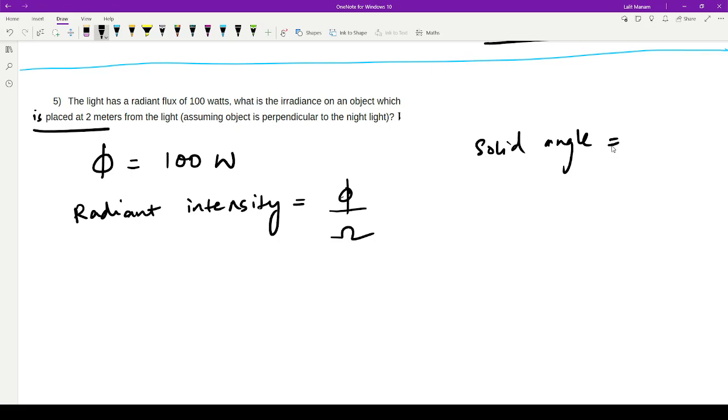For a sphere, area is 4 pi r square. If you take a very small area dA and divide it by r square, you get the solid angle. And how does it come? What's the usual definition of angle?